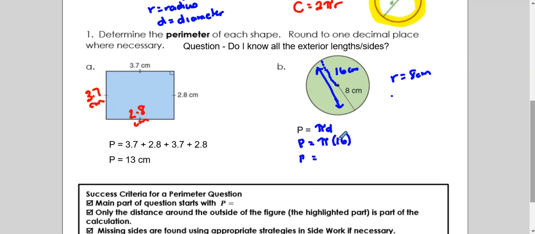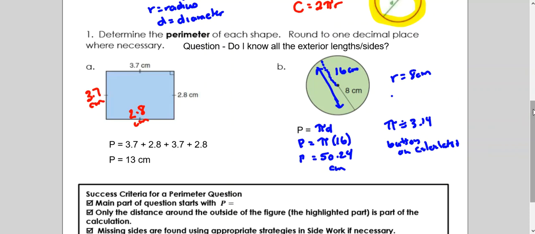And when I'm looking at that, some people like using 3.14, but see if you can find the pi button on your calculator. You might have to push shift and hit pi. So that means it's just over 50 centimeters around the outside of that circle.